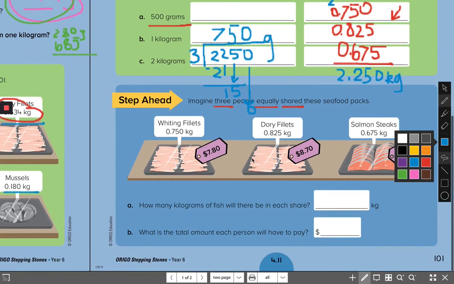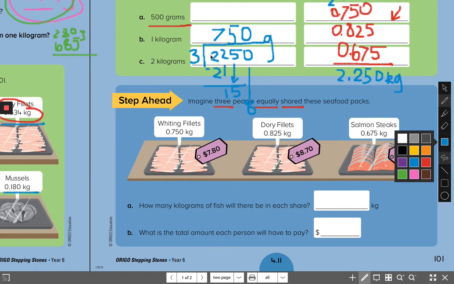how many kilograms of fish? So this is in grams, but they're asking us how many kilograms of fish will there be in each share. We know, let me change, so let's now convert 750 grams. Yes, we need to convert it back to kilograms.